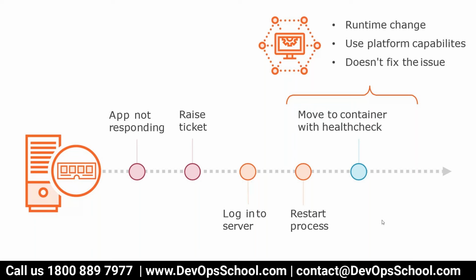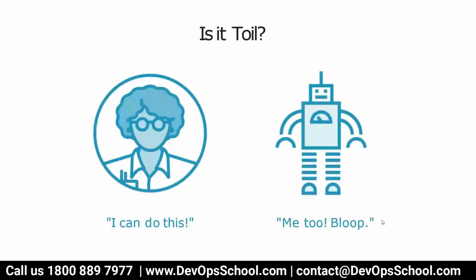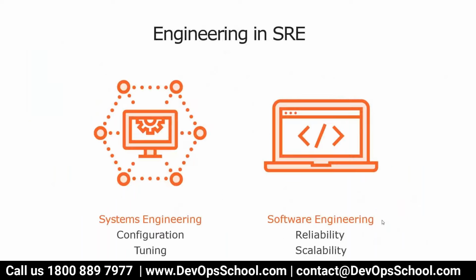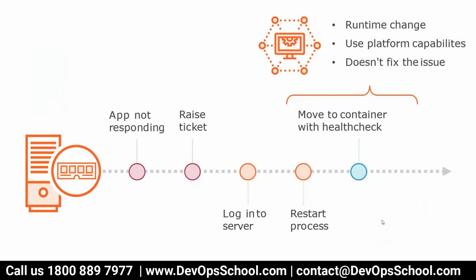Because a container has an inbuilt feature: when the health check fails, the process automatically gets started, the service gets started. That has changed the entire perspective, right? This is something we have to attribute to becoming SRE. So what you did was ops work, and what we are doing now is SRE work.